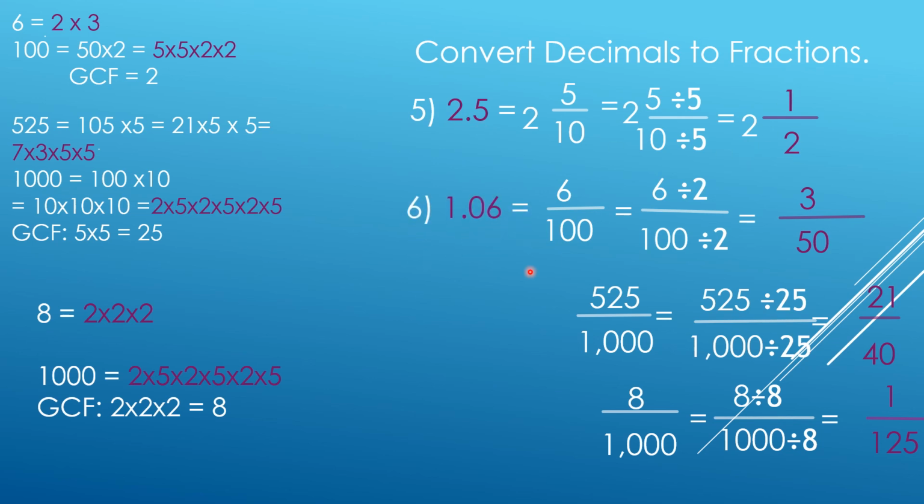Okay, let's have another one. Let's say 1 and 6 hundredths. A while ago, I only had 6 hundredths, and now I add 1 here. So I'm just going to add 1 to my final answer. Now I have here 5 and 525 thousandths. Converting the decimal part is the same as what we did a while ago.